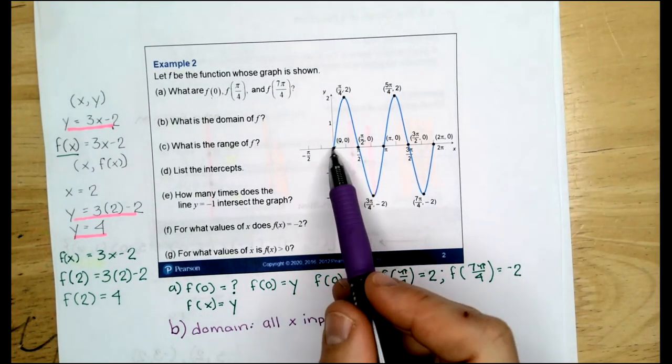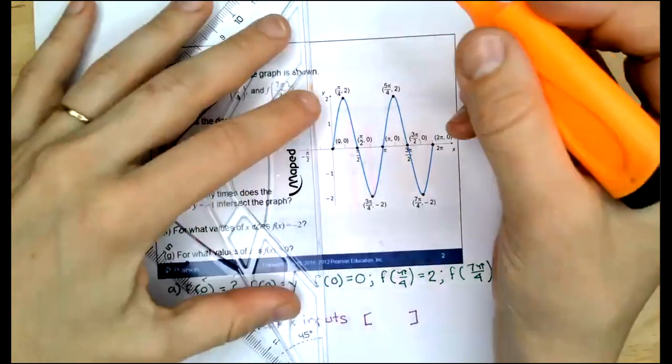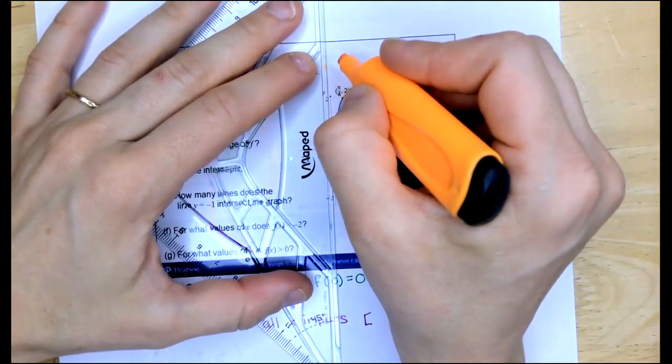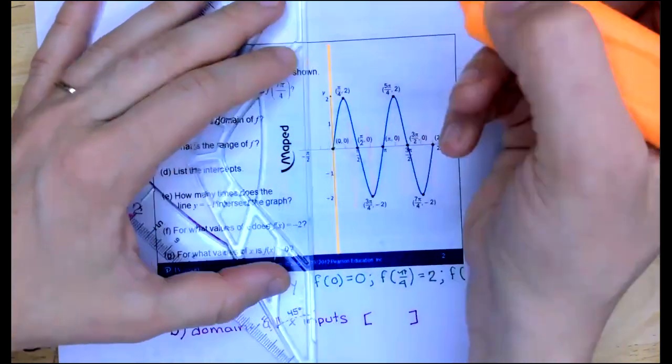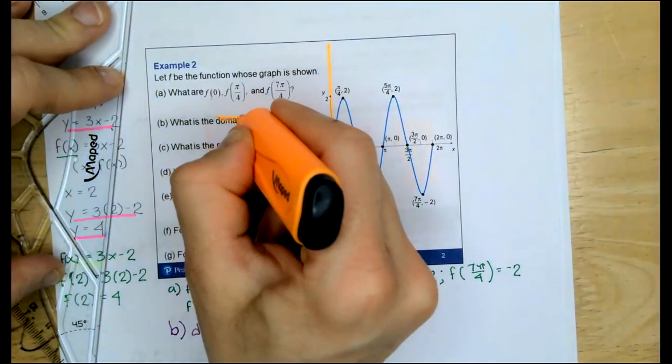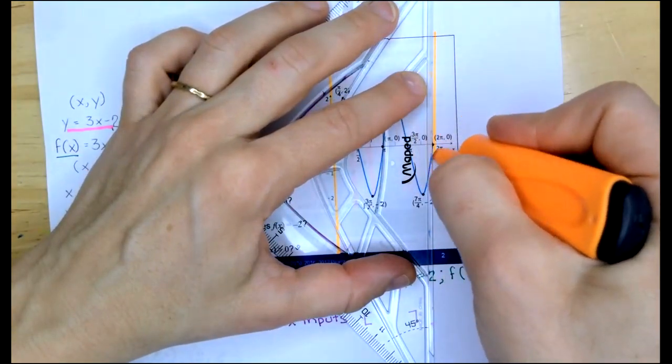All the x inputs. So on my x-axis, I can just decide where my graph starts on my x-axis, and where it ends on my x-axis.